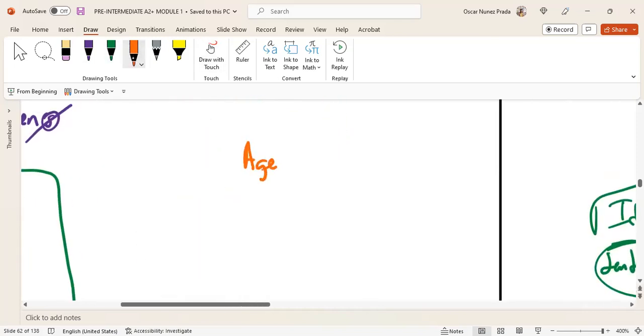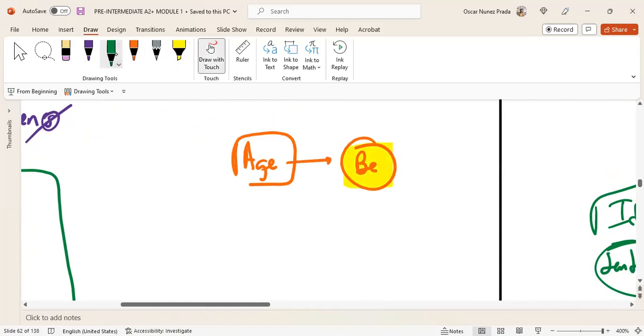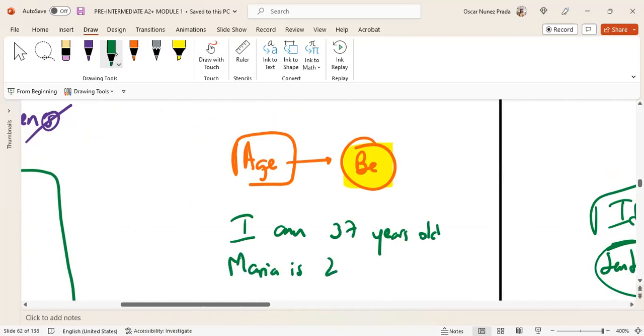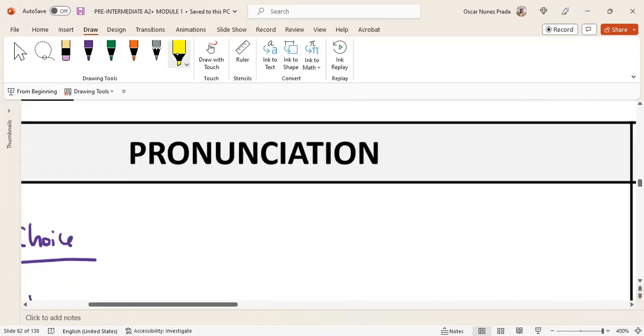When we talk about age, we use the verb to be. Okay? For example, I am 37 years old. Or Maria is 24 years old. Okay, so we have to make sure it's the verb to be. Okay, because in Spanish we use the verb to have, which is very different.